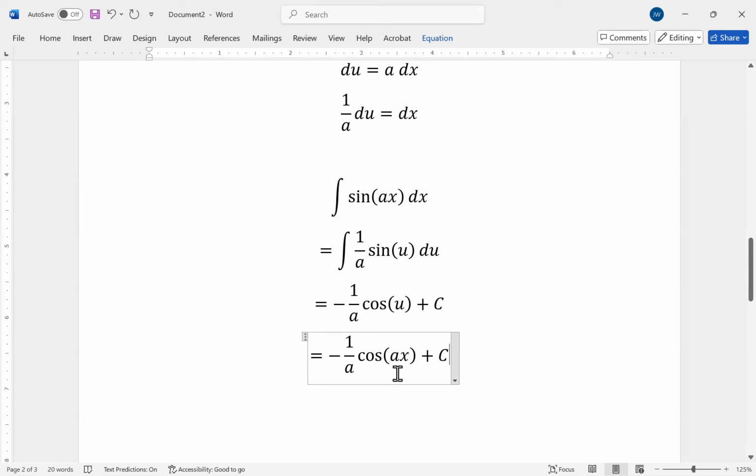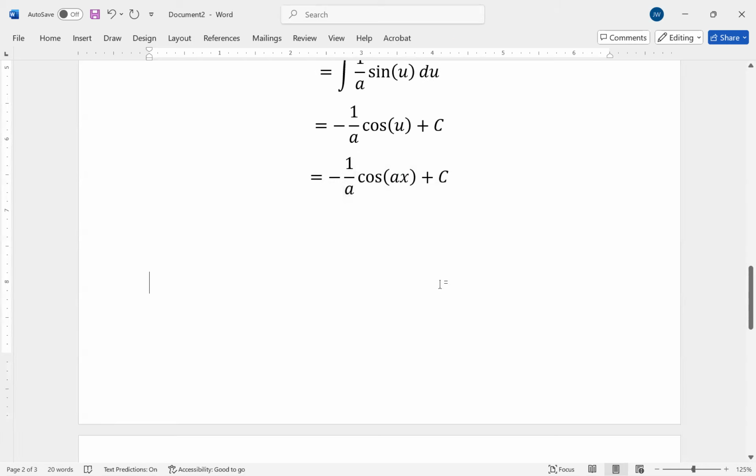Now, once you see what's happening here on our basic integration, if we have something like ax, a linear piece inside of our argument, then the antiderivative looks essentially the same thing, but we have to divide by an extra a in front.